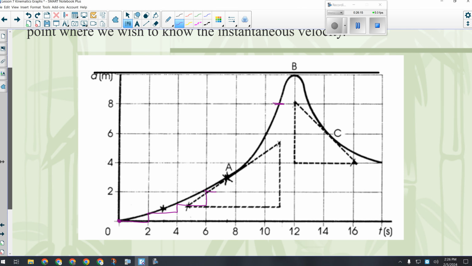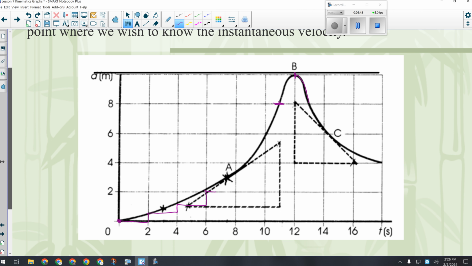What's it doing in this part of the graph? From here to there. Decelerating. Yeah, it's slowing down. In fact, it actually comes to a stop for an instant before, what is this part? Accelerating backwards.